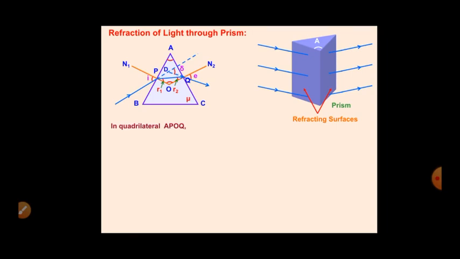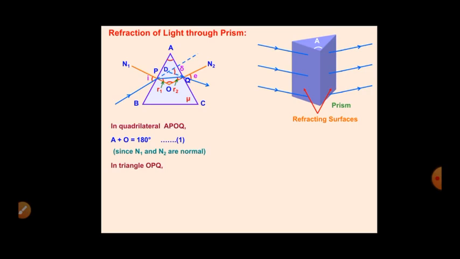Now first let's see how we can find this angle of deviation using the geometry we have drawn here. We can see a quadrilateral APOQ. In this quadrilateral, angle A plus angle O is 180 degrees, where N1 and N2 are the normals.